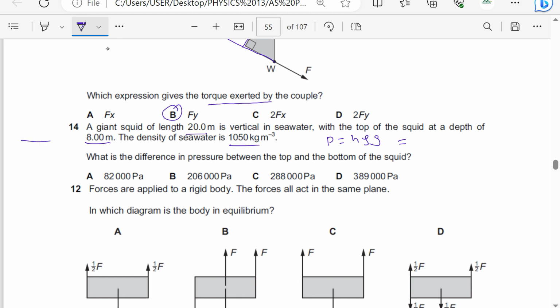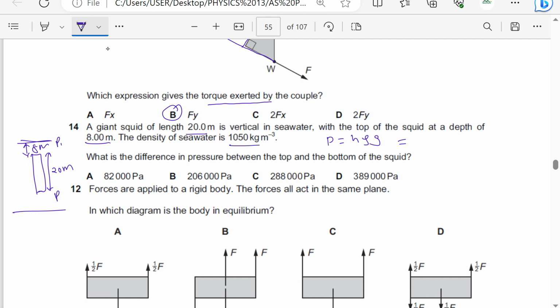So I will draw the surface of the water, this will be the sea. The length of the squid is 20 meters, and the top of it is at a depth of 8 meters.